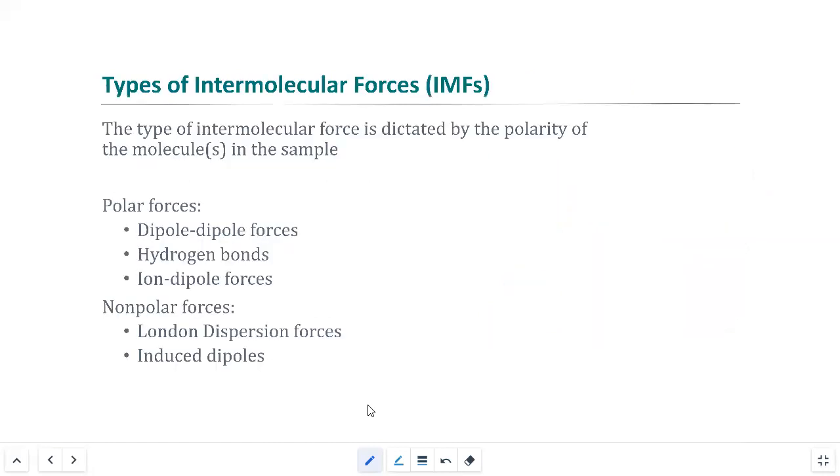So when it comes to these types of intermolecular forces, now that we've established the difference, we're not going to keep going through the dictation exercise of saying intermolecular force every single time. We're just going to call them IMFs from now on. As far as IMFs are concerned, we can break it down into two groups, basically. The polar forces, these are the ones that exist in polar molecules.